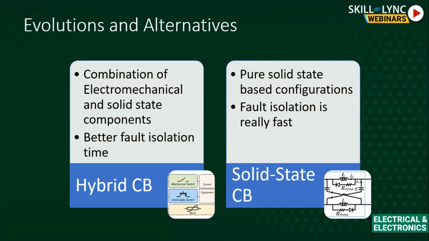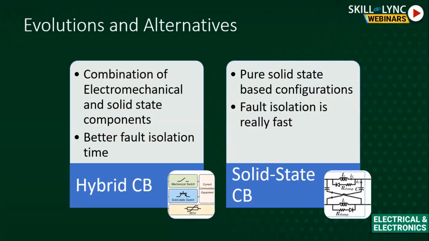What it does is, electromechanical breakers have a very great advantage of having low loss. So we take the advantage during the normal condition, and whenever there is a fault, the current will be given to the solid state path, and it will be commutated there. So the overall fault isolation time is very less compared to an electromechanical breaker.